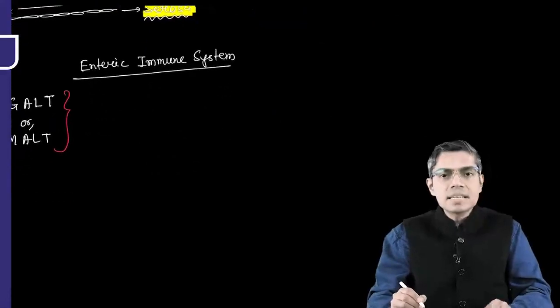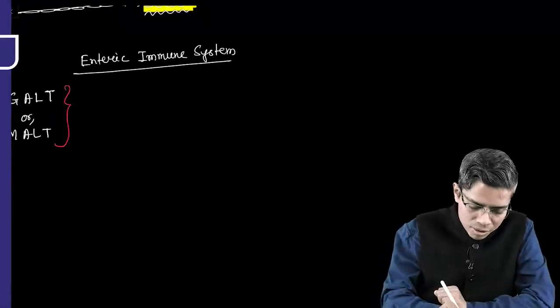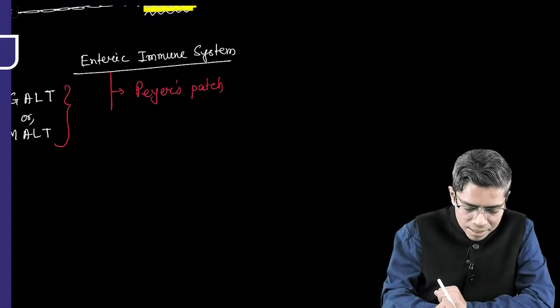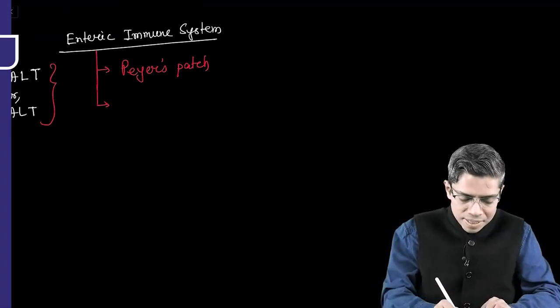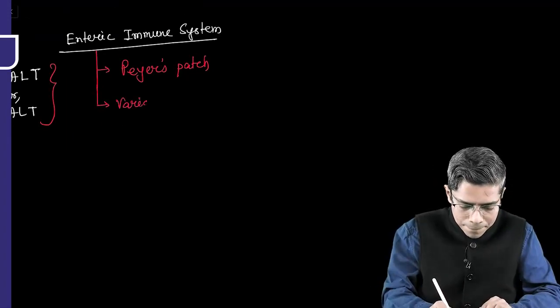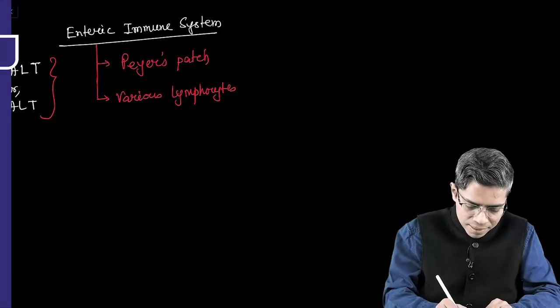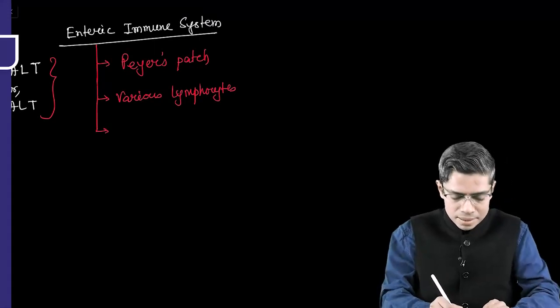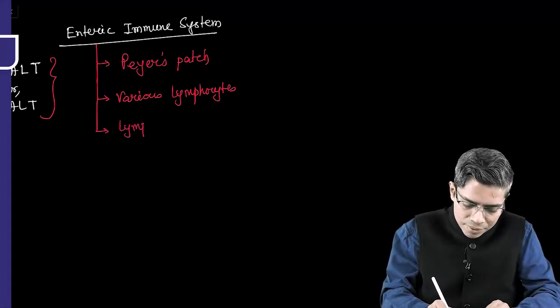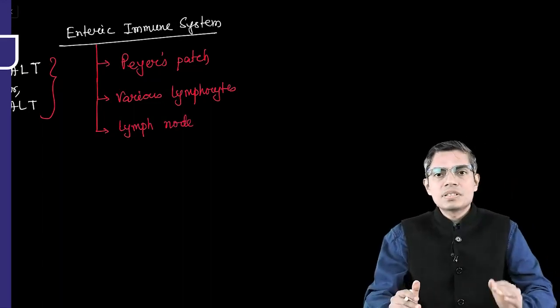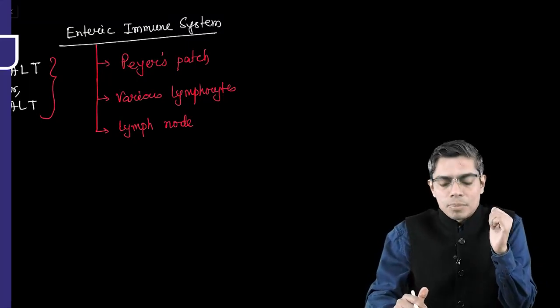So this enteric immune system consists of Peyer's patch, various populations of lymphocytes as well as mast cells, and the third component is various lymph nodes of the mesentery.